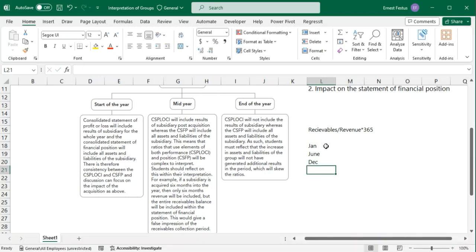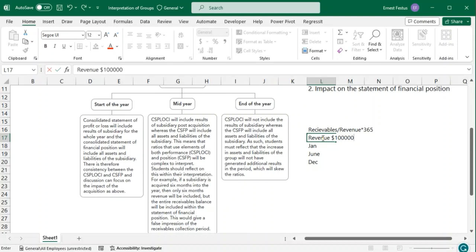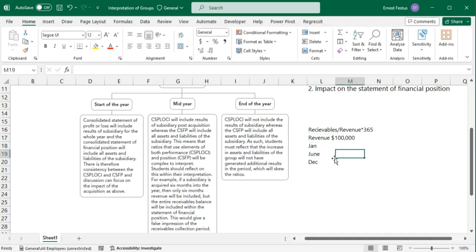So if the revenue figure is 100,000, because we acquired the subsidiary mid-year, which is June, we are going to time apportion this amount, which is going to be $50,000. Okay, so we have $50,000 here.